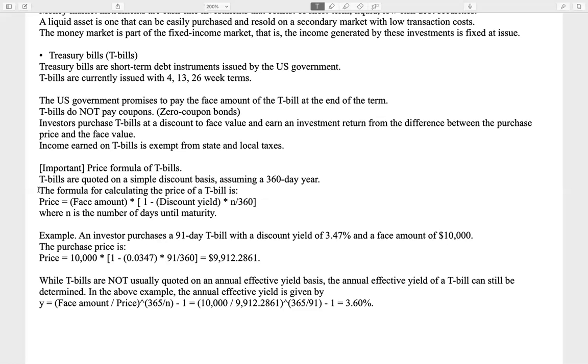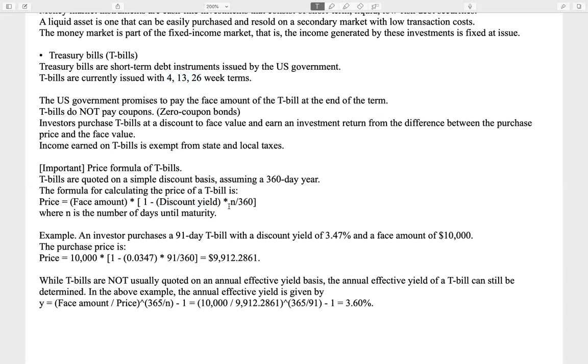The formula we are going to apply is as follows. The face value will be given, let's say $10,000, and the discount yield will be given as well. Then you apply this. Because this is a discount, you will use 1 minus it, and the discount yield is quoted on a yearly basis. We already know Treasury bills are usually issued for less than a year, so we convert into number of years.